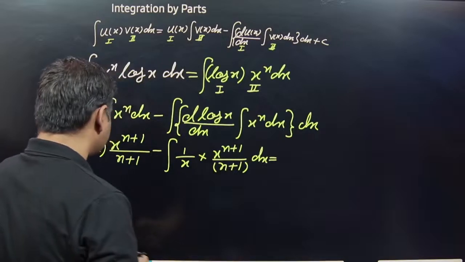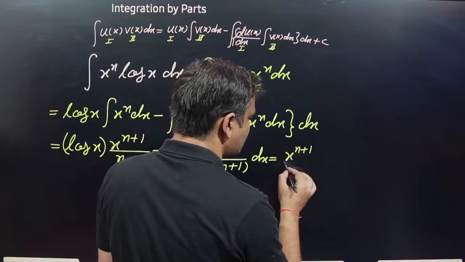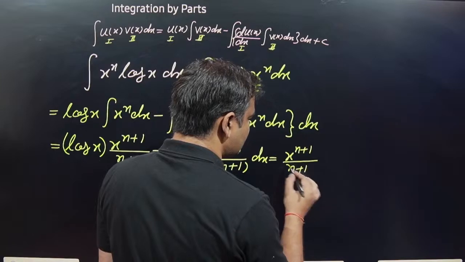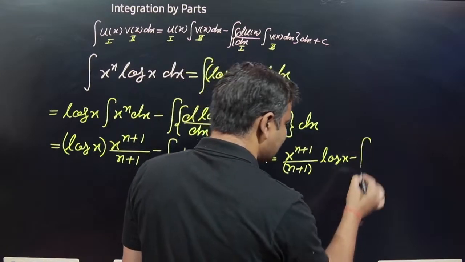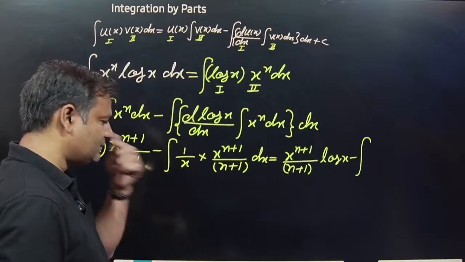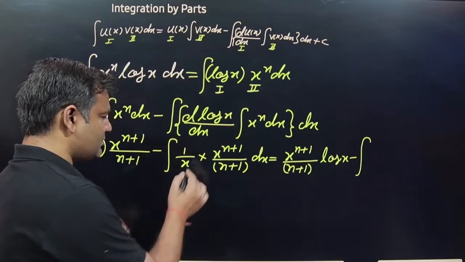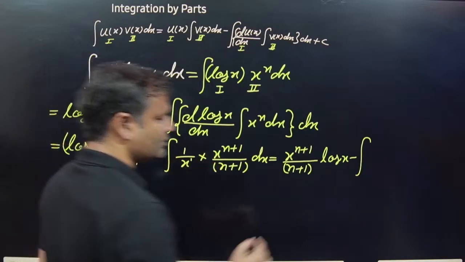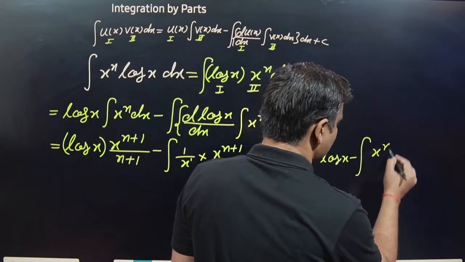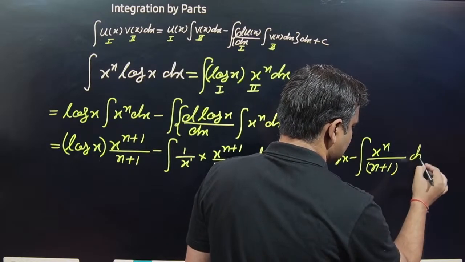That is how much? X to power n plus 1 divided by n plus 1 into log x, minus, what about that value? Here x to power n plus 1 times x to power minus 1, so simply x to power n upon n plus 1 into dx.